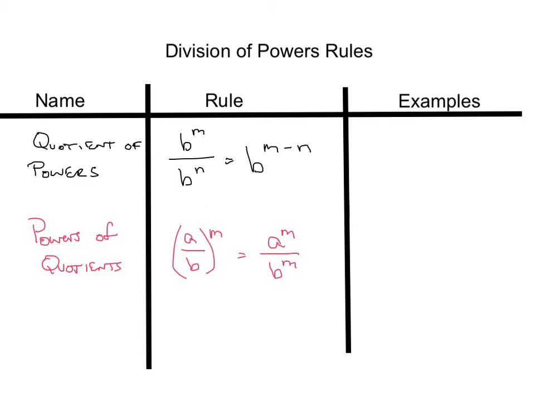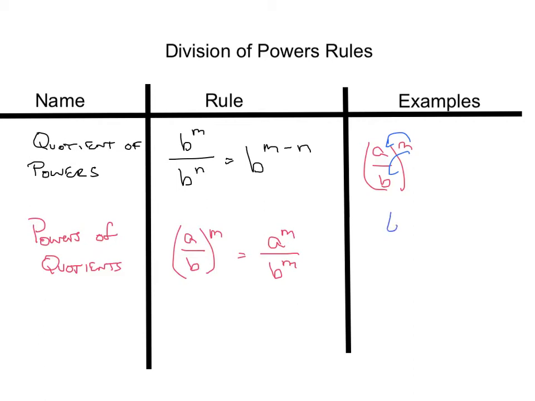So it's almost like thinking about it as a distribution problem, right? Even though we wouldn't call this distribution, you're sort of distributing that exponent to both the top and the bottom, both the numerator and the denominator.